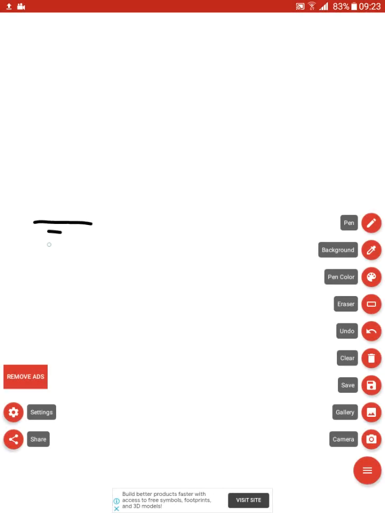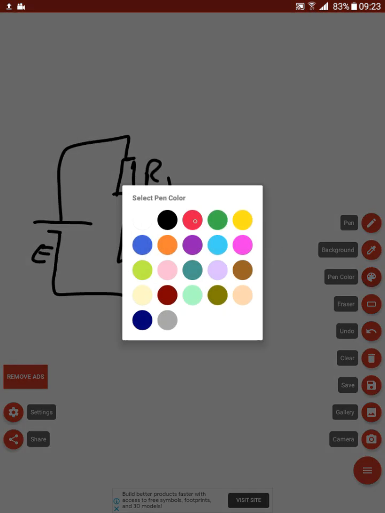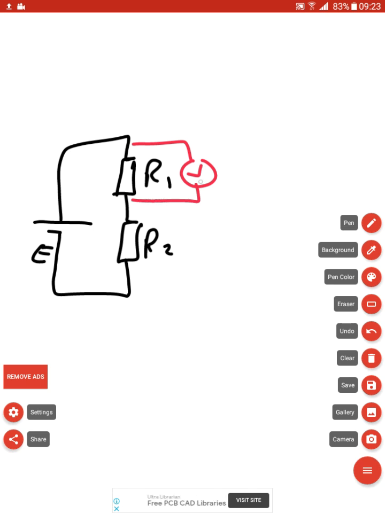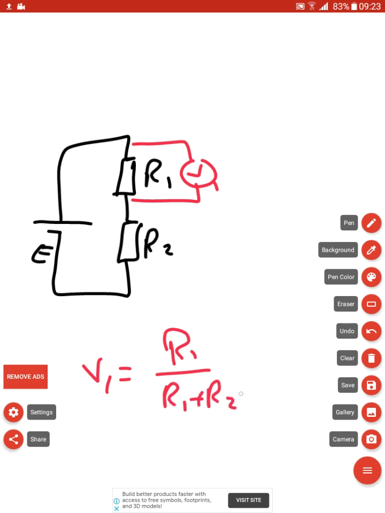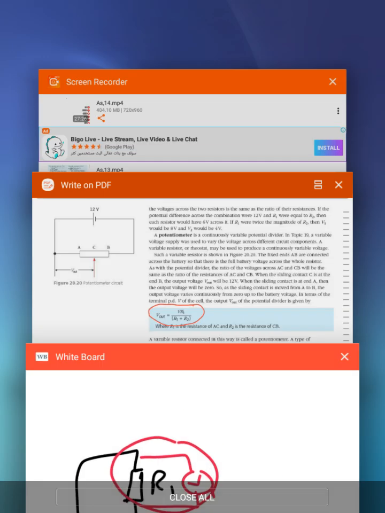If we have here an electromotive force, and this is resistance 1, and this is resistance 2, and we want to find the output voltage here, V1 equals R1 over R1 plus R2 multiplied by E. If you want to find the value across R2, you just put R2 here, okay? So this is the ratio of voltage given to this resistor from the total electromotive force of the battery.